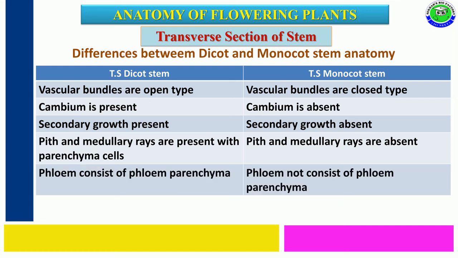One more difference is the phloem. In the dicot stem, phloem tissue consists of phloem parenchyma, but in the monocot stem, phloem parenchyma is absent. So these are some differences between the transverse section of dicot stem and monocot stem.